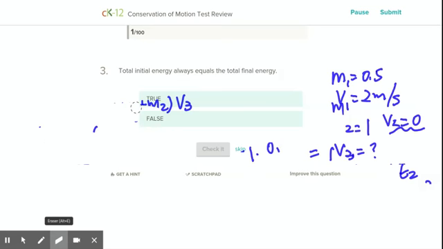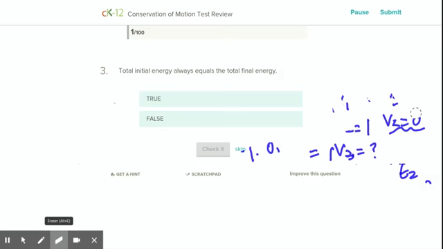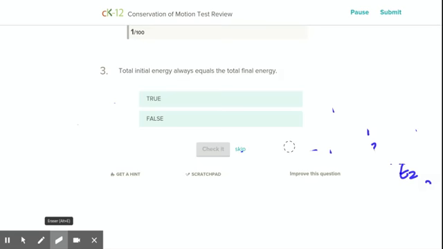Okay, so this is a true and false question. Total initial energy is always equal to total final energy. Is it true or false, guys? False. Very good. Momentum is always conserved. Oh, hold on. Total initial energy is always equal to total final energy.